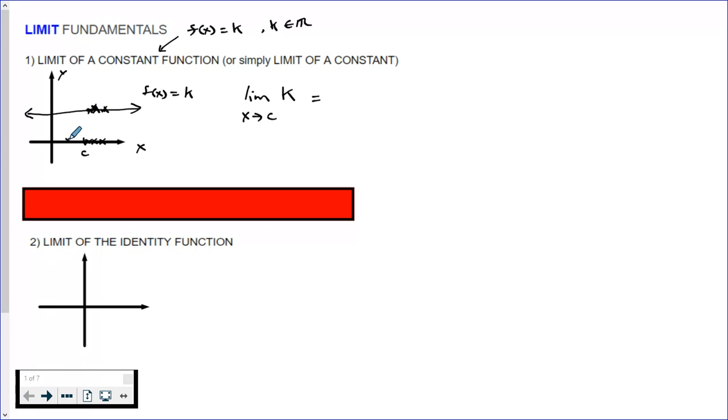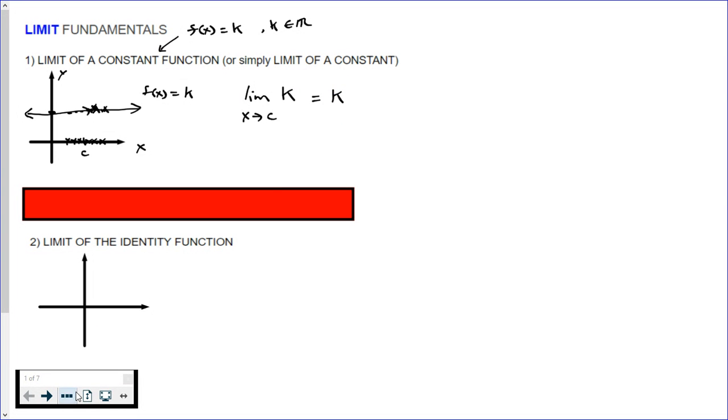Likewise, as my x values get close to c from the left side, what are my corresponding functional values getting close to? Well, not only are they getting close to, if you think about it, they're really remaining steady at whatever this y value here is, whatever the constant is, right? They're just staying on that horizontal line. So the limit of k as x goes to c is just going to be k.